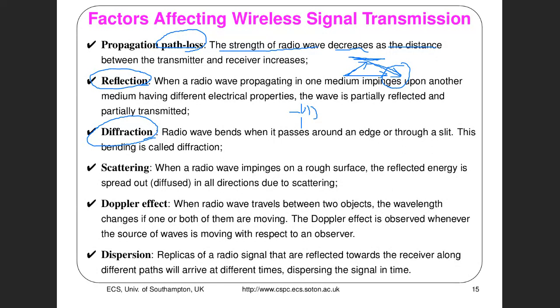It's probably a terrible drawing, but anyway, when a signal passes through a slit, it kind of bends. That happens in visible light. So last time we talked about the spectrum of wireless communication, which is between the spectrum of voice and spectrum of visible light.